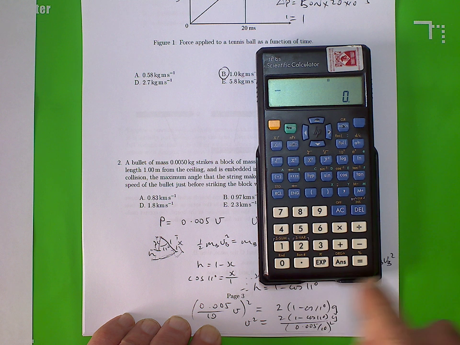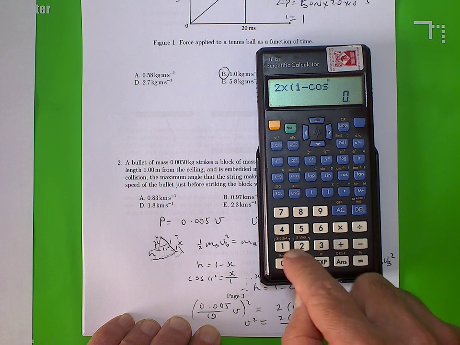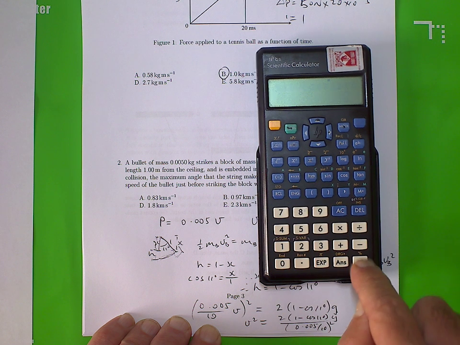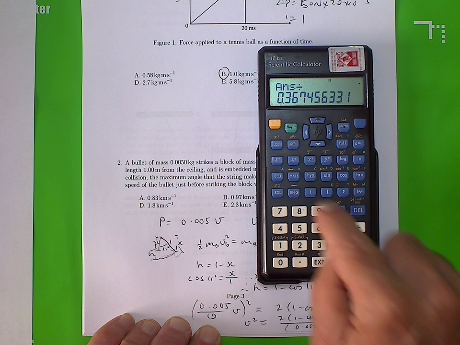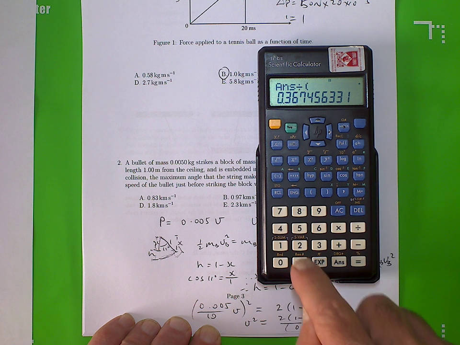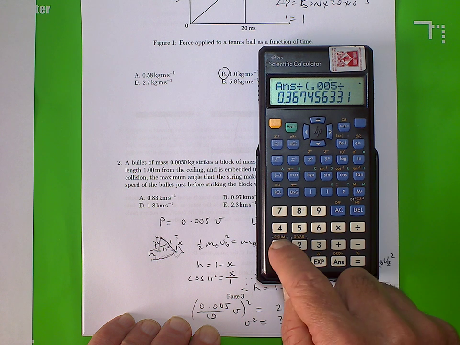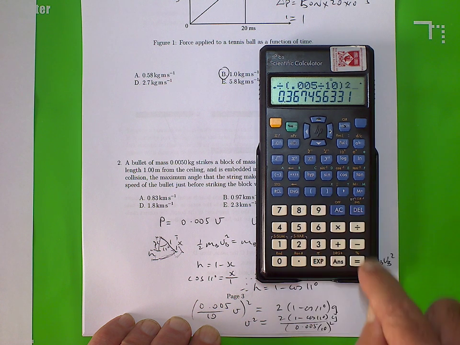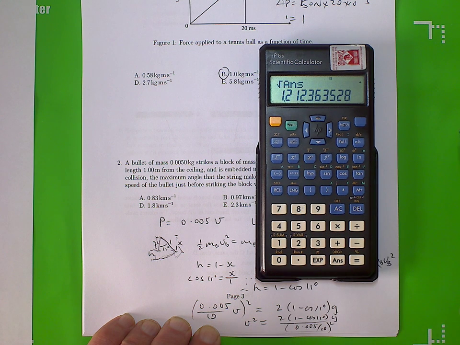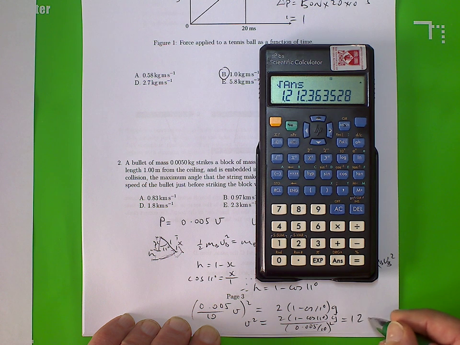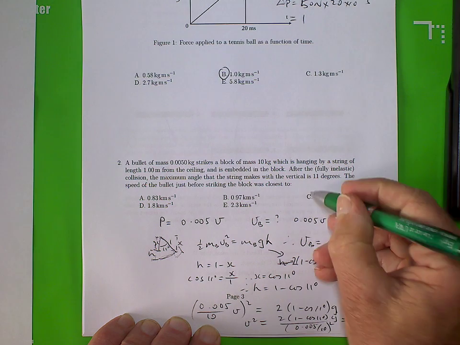Realise I've got no chance of getting this right. 2 times brackets 1 minus cos 11 brackets, equals, times 10, equals, divide brackets 0.005 divide 10 brackets, x squared, equals, take the square root, and we get 1212 meters per second, or 1.2 kilometers a second.